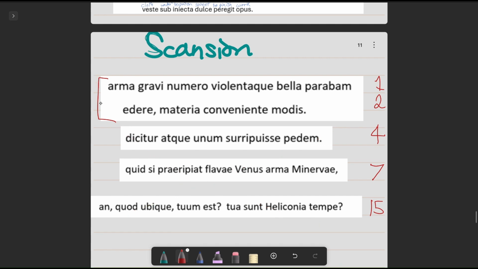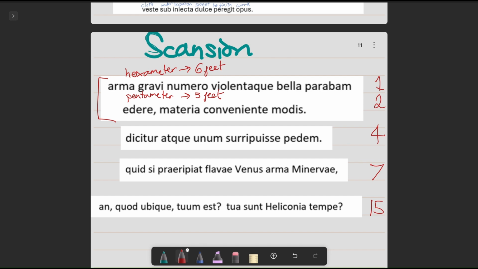In the first line, we have hexameter, which means that there are 6 feet in the line, and I'll talk about feet in a minute. Feet in the hexameter and pentameter, that is. And then the second line is pentameter, which, as you can guess, has 5 feet, from the pent.